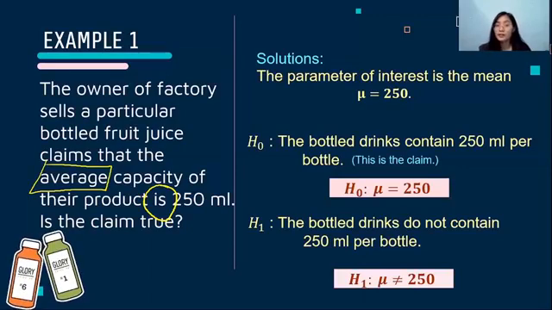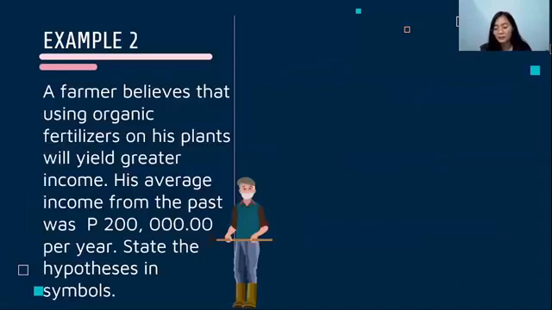To deepen your understanding of this hypothesis, let's have another example. A farmer believes that using organic fertilizers on his plants will yield greater income. His average income from the past was 200,000 pesos per year. State the hypothesis in symbols.